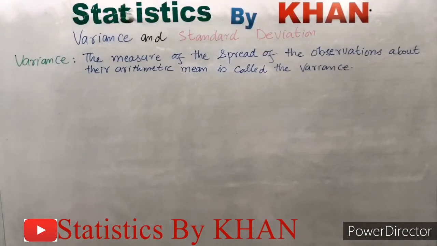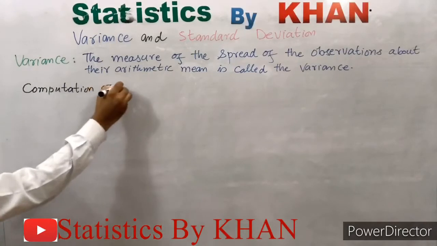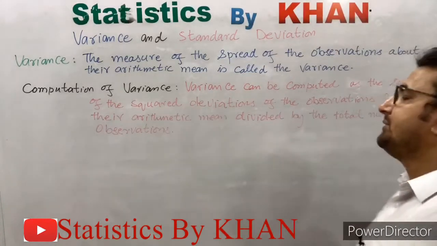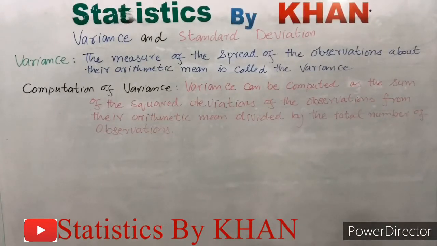Now, how do we compute variance from a data set? So let's describe that. Computation of variance. Variance can be computed as the sum of the square deviations of the observations from their arithmetic mean divided by the total number of observations. What is square deviation? First of all, let's know about deviation. What is deviation?